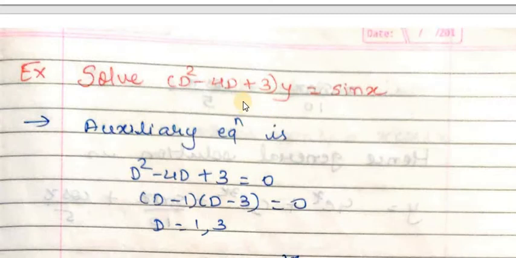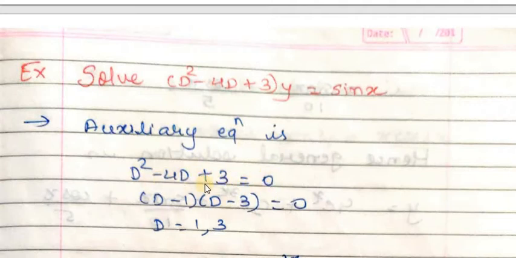For the complementary function, we have to write down an auxiliary equation, that is we have to equate f(D) to 0. Your f(D) is D square minus 4D plus 3, and that is equal to 0.